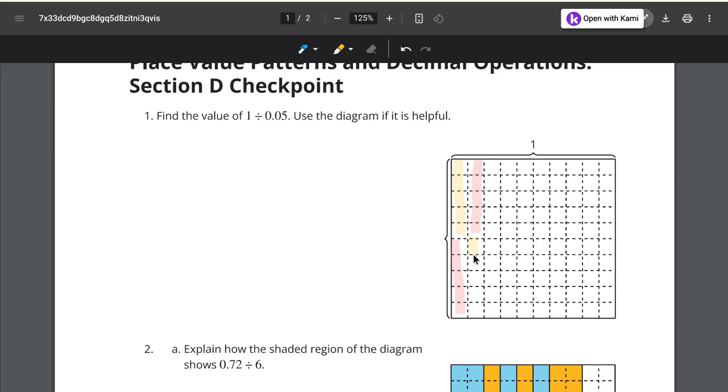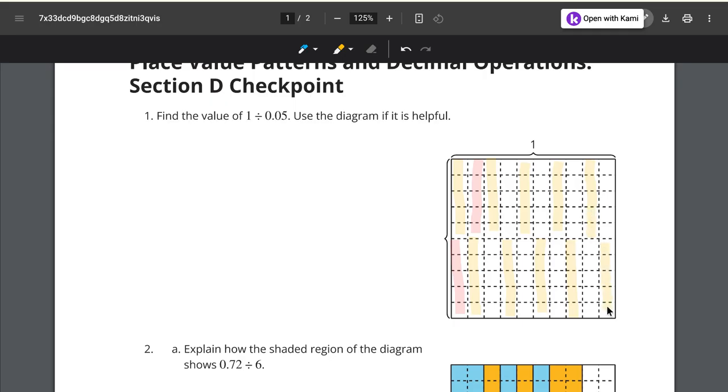We're going to have another group of 5 hundredths here, and 5 hundredths here, and 5 hundredths here, and 5 hundredths here, and 5 hundredths here. Notice I'm going ahead and claiming my 5 hundredths, which will be shown with this yellowish shading.